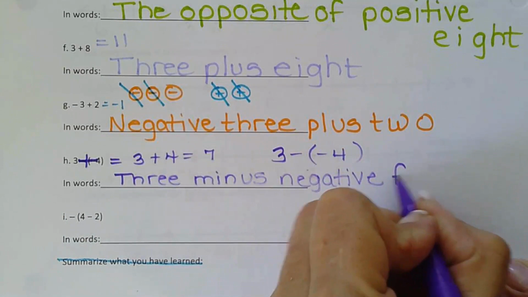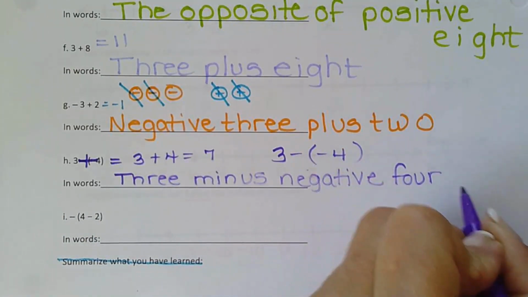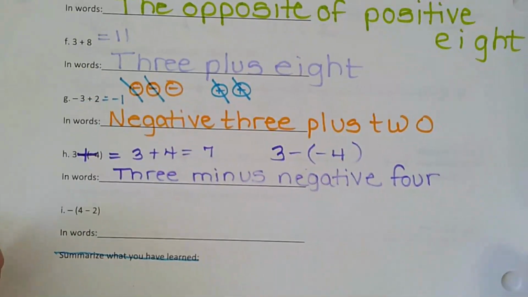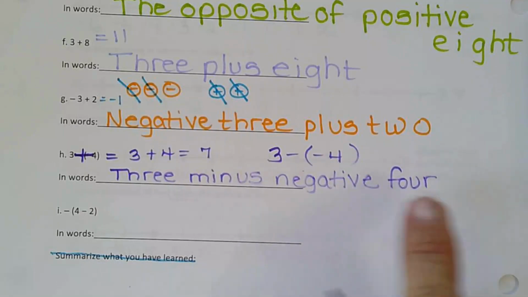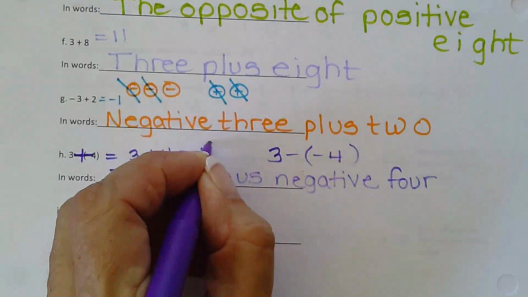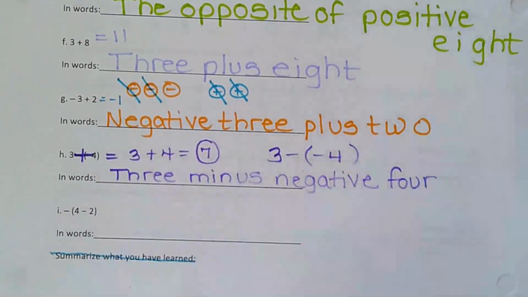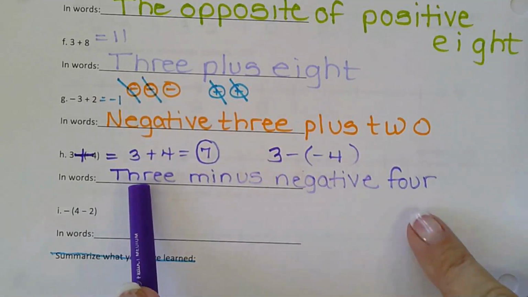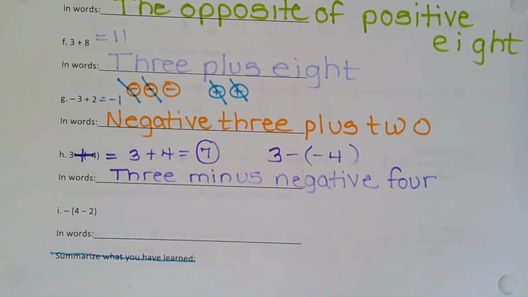I said, oh, I need to throw this one out. Of course, I put it right back in the box. So 3 minus negative 4 is really 3 plus 4, and that would give me an answer of 7 if I were to work it out. And it didn't ask for that. I'm just reworking our rules that we learned in the video. This is what they want, 3 minus negative 4.